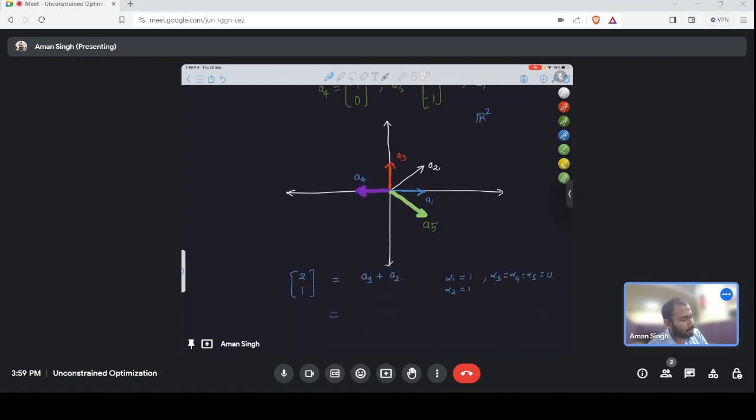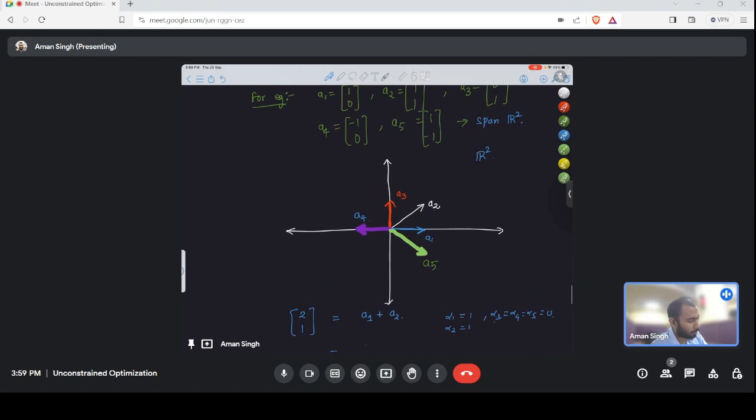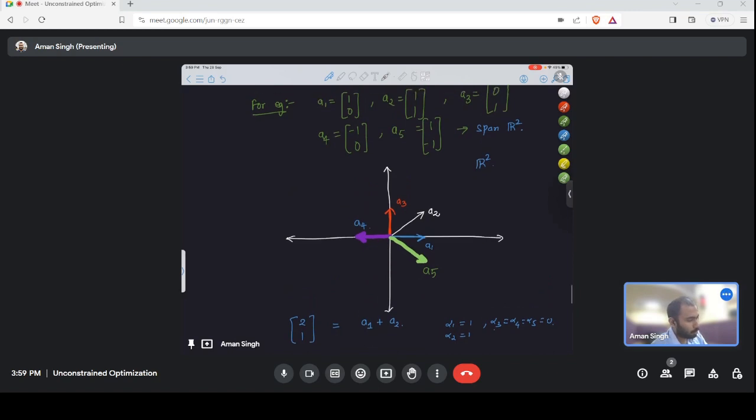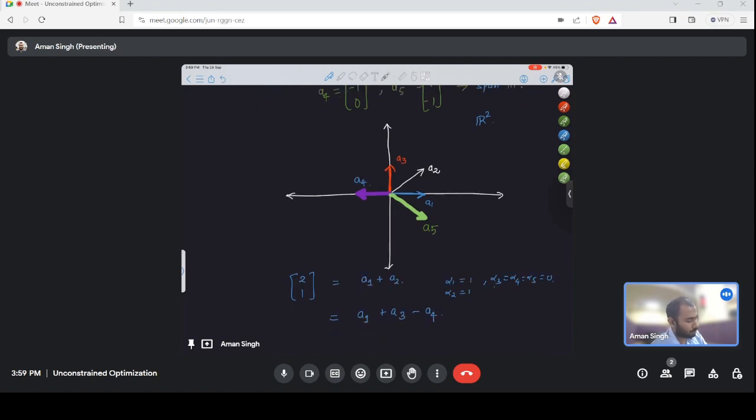It turns out these alphas need not be unique. So you can also write it in some other way. You can also write (2, 1) to be A1 plus A3 minus A4. This also actually is (2, 1). So it will be (1, 0) plus (0, 1) minus (-1, 0).